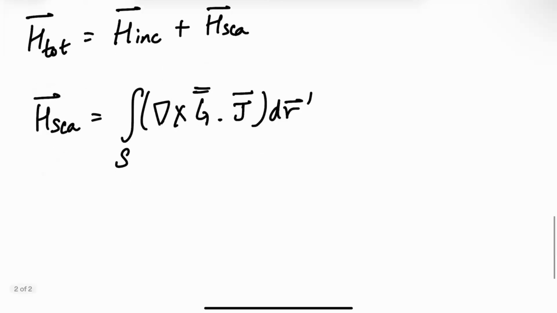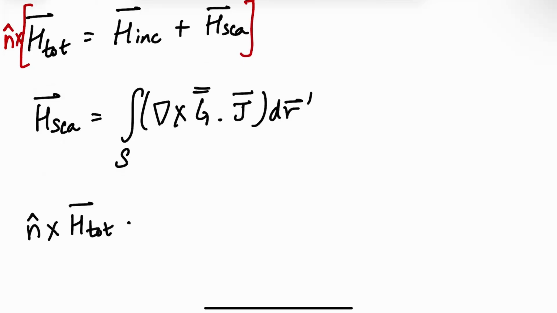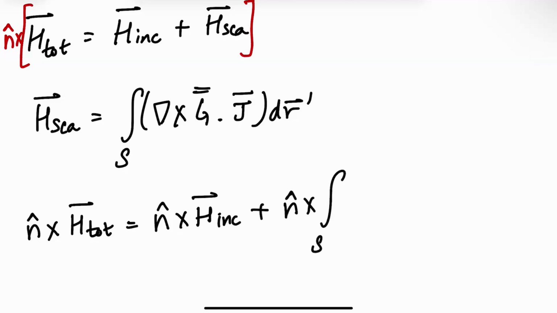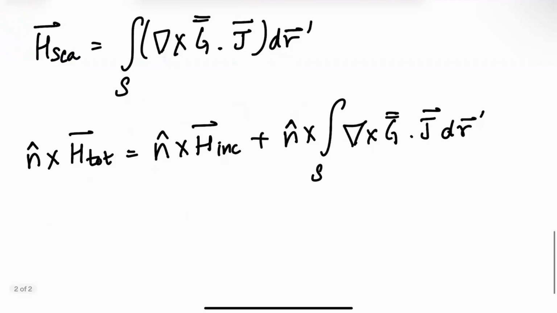So if I substitute this in by taking n hat cross on both sides, then I get n hat cross H total is equal to n hat cross H incident plus n hat cross surface integral curl of G dot J dr prime.